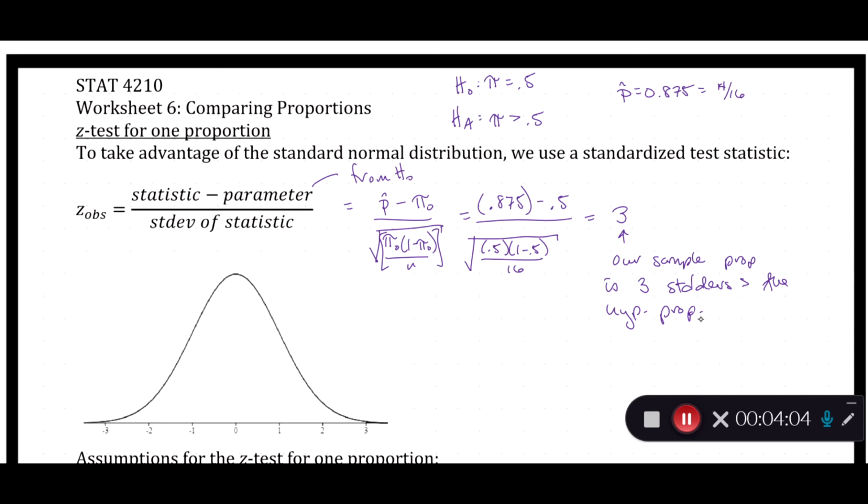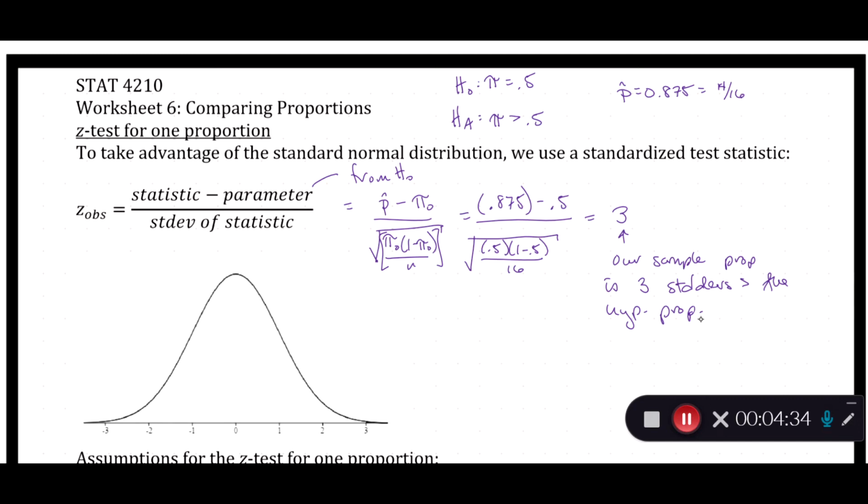We can also think of it this way. If there really is a 50-50 chance of babies picking helpers when given the two options, we've observed something that is 3 standard deviations greater than that. This is a pretty big effect. In fact, we use 3 as the cutoff for standardized values in order to determine if something is a big effect. So getting a z-score of 3 tells us that this is a large difference.